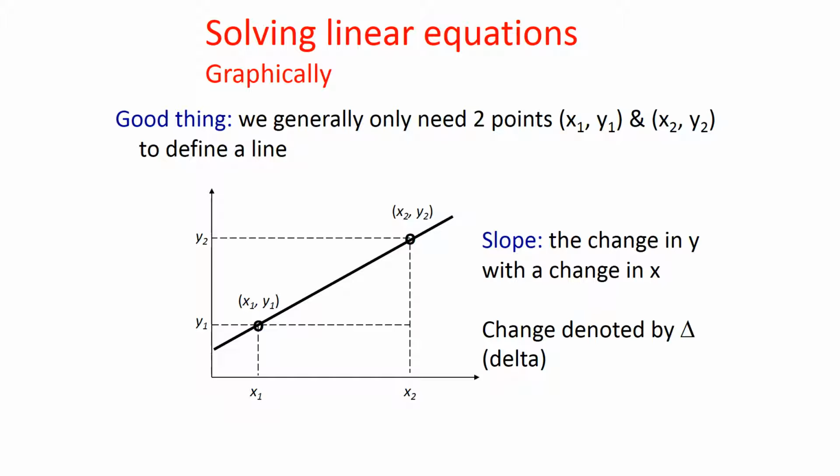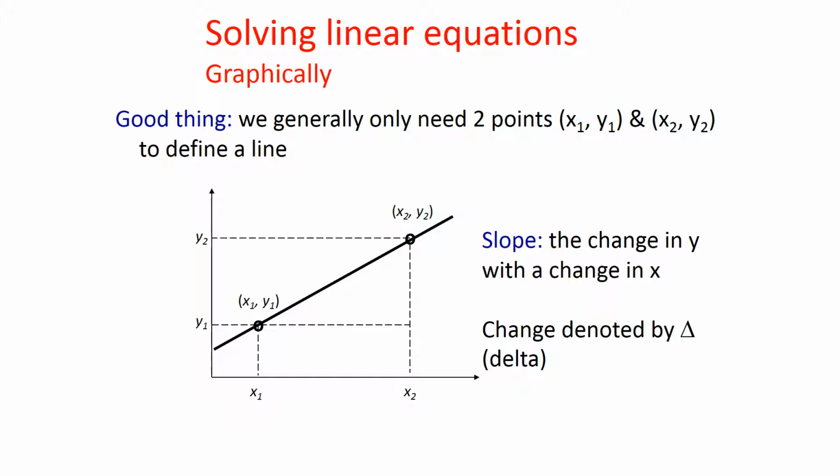And we know that the equation is y equals ax plus b, but we just don't know what a and b are. But a is the gradient of this line, so we can work out what that is because we've got 2 points on the line.